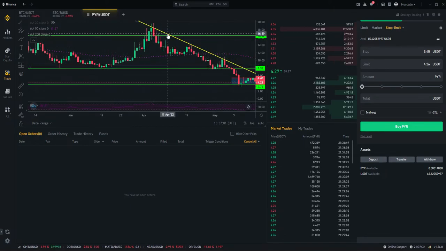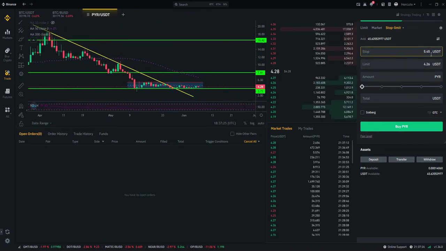We have our resistance area here, and it looks like it has broken out, and someone would want to enter at this point. Unfortunately, you would have missed it because this is a fake breakout. It actually went up but never continued going up. It came back down.